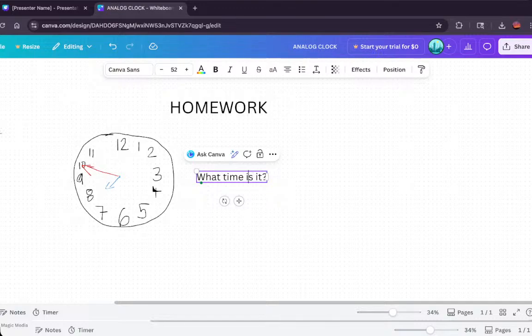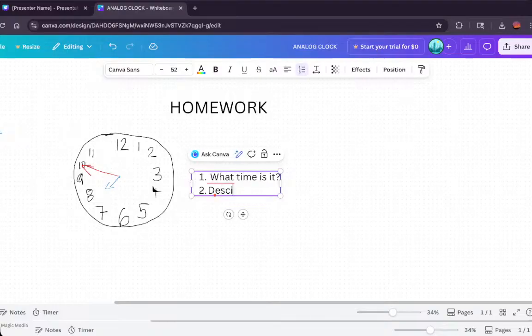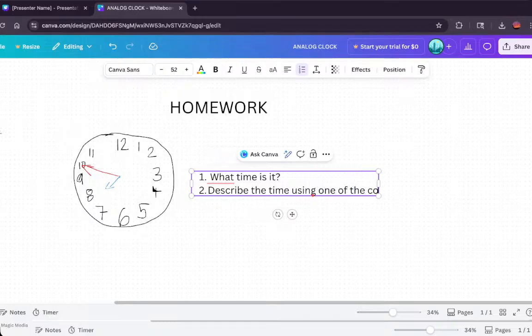First off, what time is it? Second, describe the time using one of the common phrases.